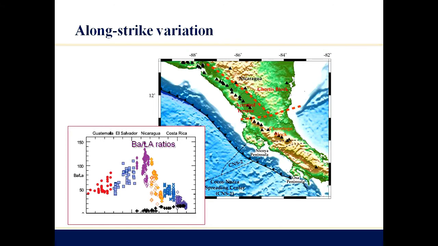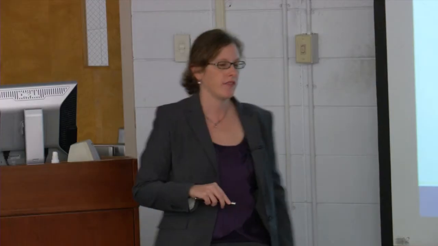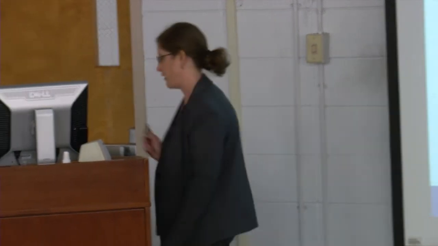We have the Chortis block up here. This portion of Nicaragua and to the north is some sort of accreted terrane, and I want to draw your attention to this offset that occurs in the volcanic arc, almost coincident with the national boundaries.